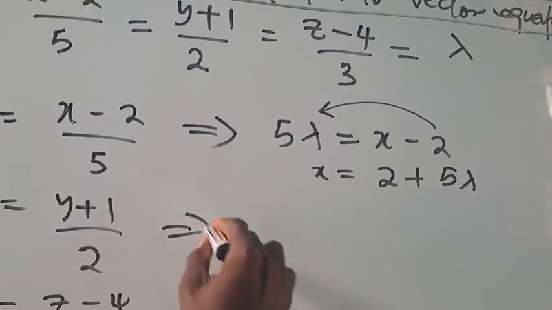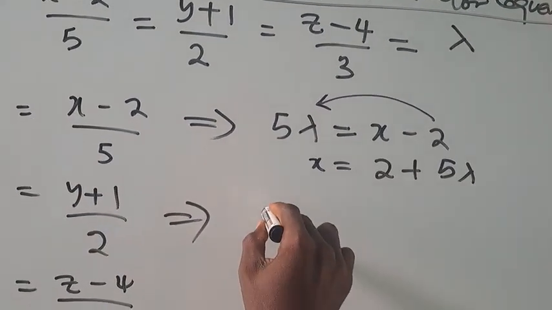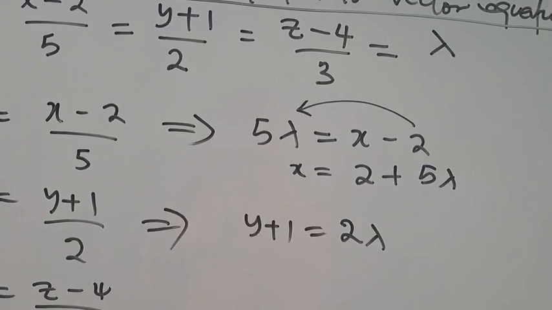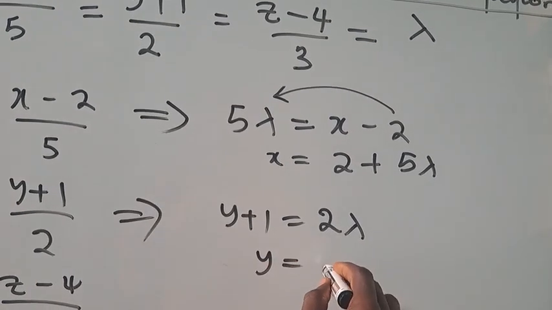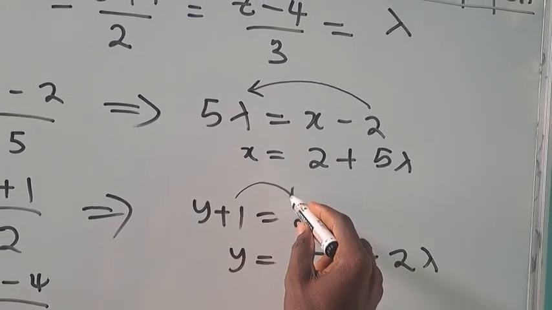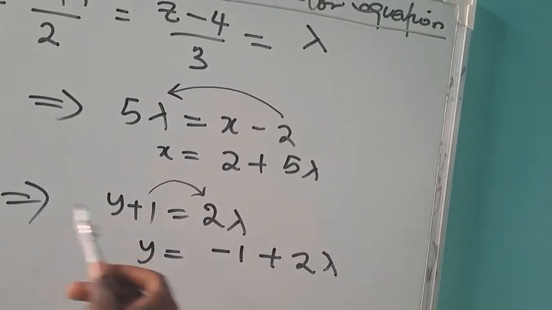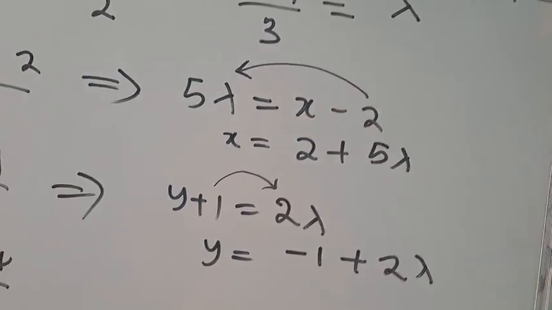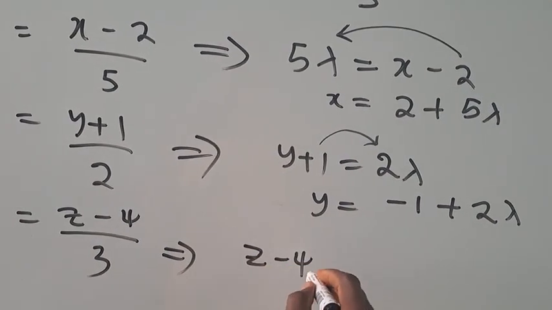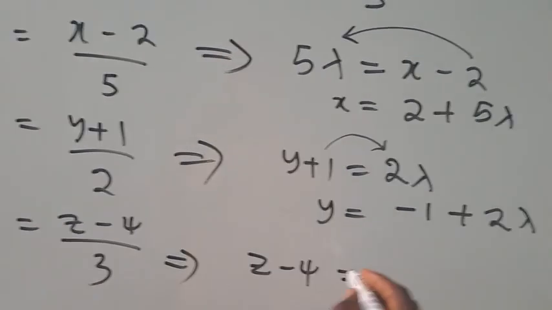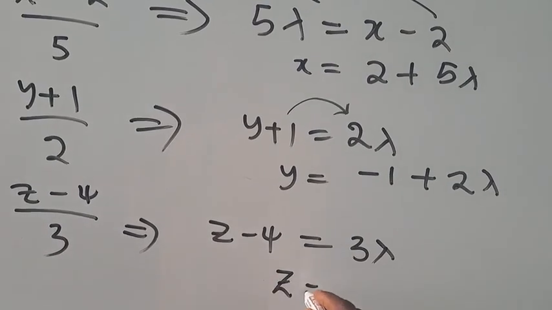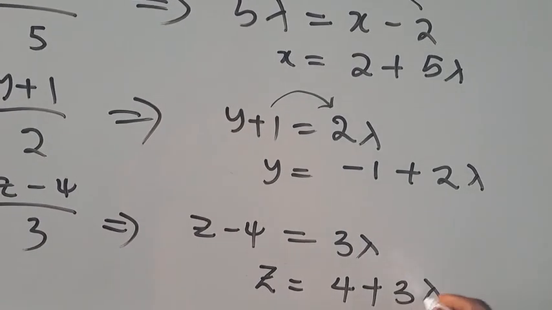For this case too, y plus 1 is equal to 2 lambda, so y will now be minus 1 plus 2 lambda. That is when you allow 1 to go over, or you subtract 1 from both sides. Now for z, z minus 4 is equal to 3 lambda. Making z the subject, z will now be 4 plus 3 lambda.